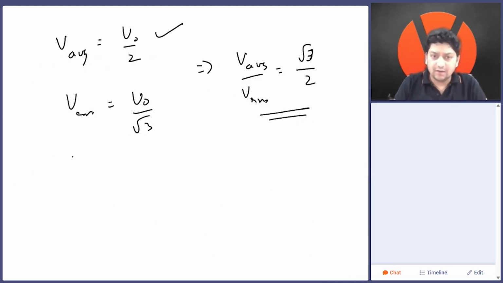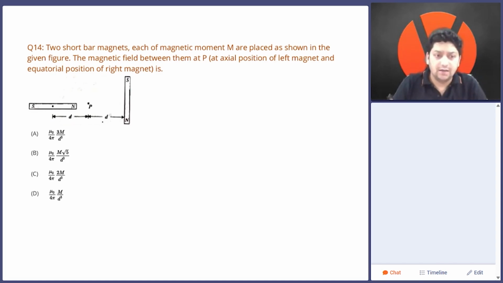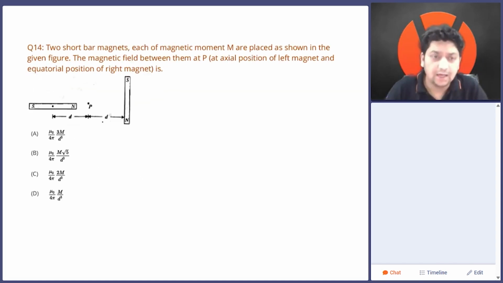Then we got V average as V naught by 2, V RMS as V naught by root 3. Then divided these two, we got root 3 by 2 as the answer. That's it. Simple. In this question, D option is the correct answer. Let's move to the 14th question.